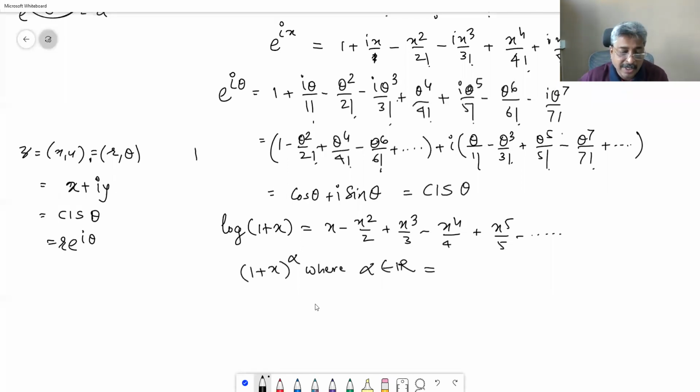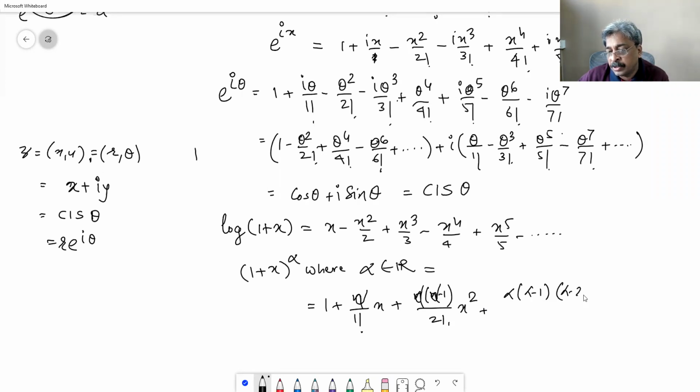It is as good as that, which is equal to 1 plus n upon 1 factorial times x plus n into n minus, sorry, n is in my notes, but I have given you alpha, alpha minus 1 upon 2 factorial x square plus alpha into alpha minus 1 into alpha minus 2 upon 3 factorial into x cube. So how many brackets? As many brackets as the factorial. So it's a 3 factorial, therefore there are 3 terms in the numerator, x cube, right?